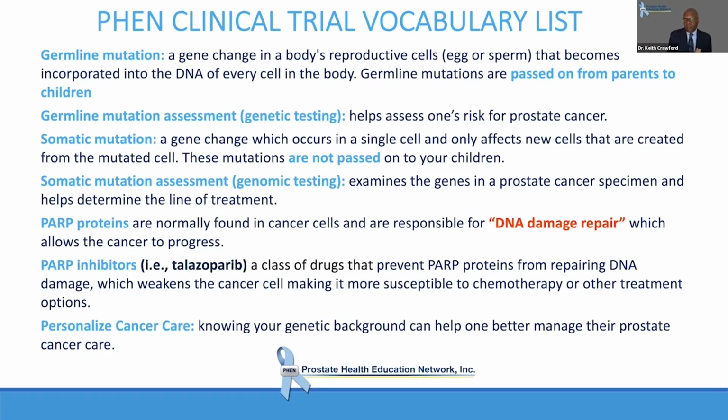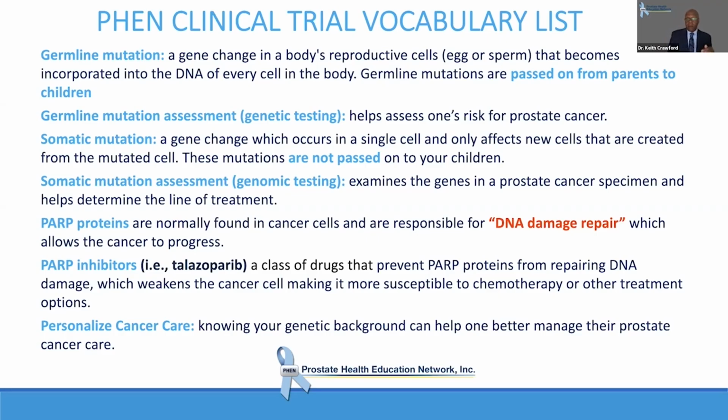Now, germline mutation testing can help assess one's risk for prostate cancer. Somatic mutation, on the other hand, is a gene change which occurs in a single cell and only affects the new cells that are created from that mutated cell. Remember, somatic cells do not pass on this mutation to the children. And somatic testing examines the genes in the prostate cancer specimen to help determine the line of treatment.